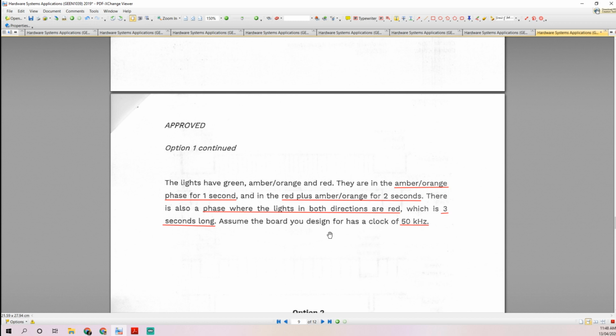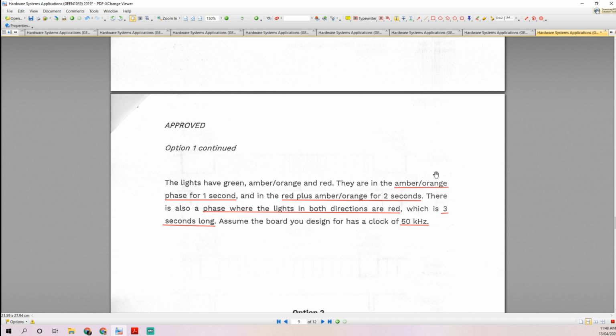What is the significance of telling us that we are designing for a board which has a clock of 50 kilohertz? Well, the purpose of that is we would need to actually design a timer circuit, kind of like how we did 1 second timers using frequency dividers for our project. We would need to design a timer which will allow us to time for 1 second, 2 seconds, and 3 seconds. And of course, at the core of that timer, there will be a frequency divider.